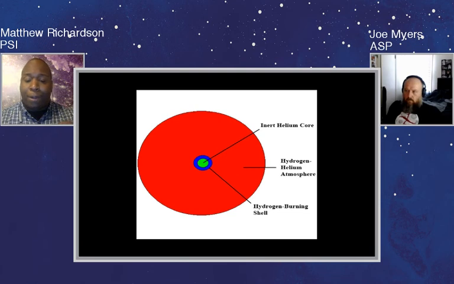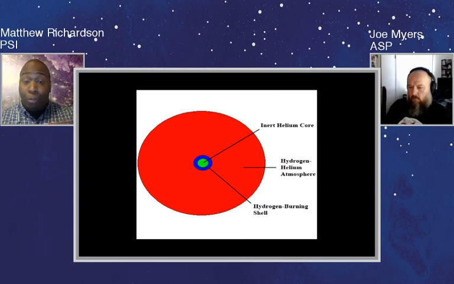So what ends up happening is, as the star is expanding, the radiation coming from the hydrogen burning will produce more luminosity, and the physical size of the star is getting bigger as well.